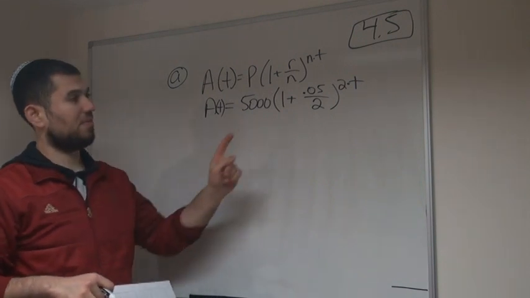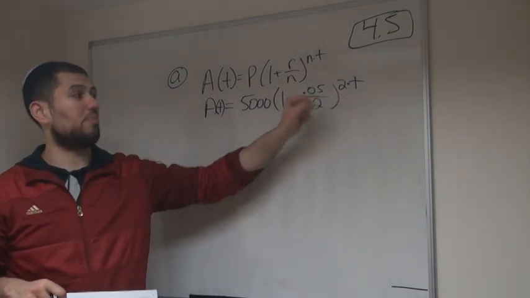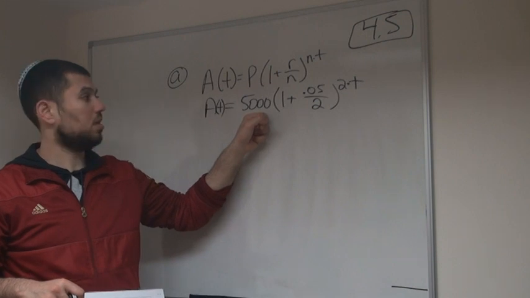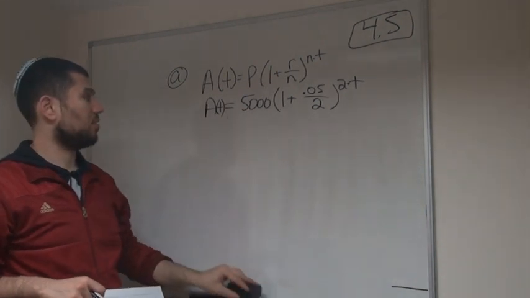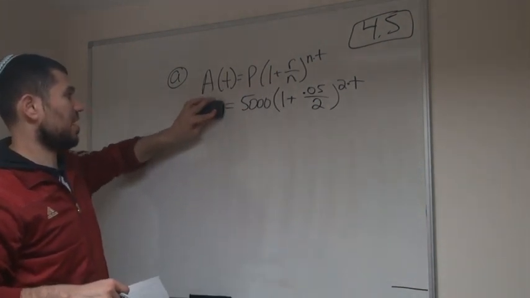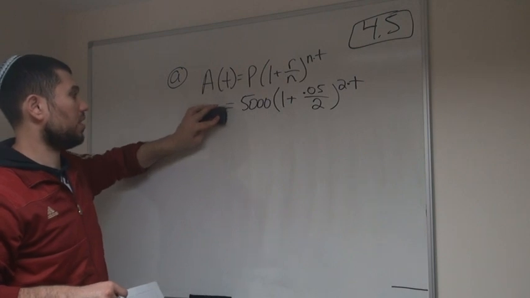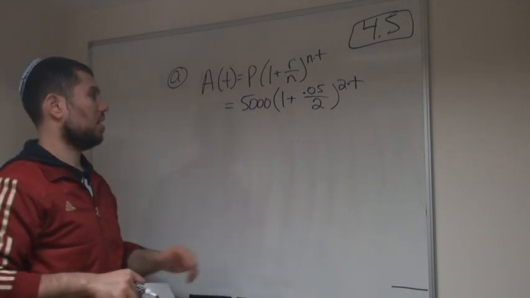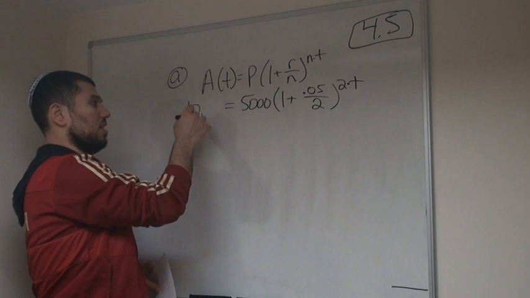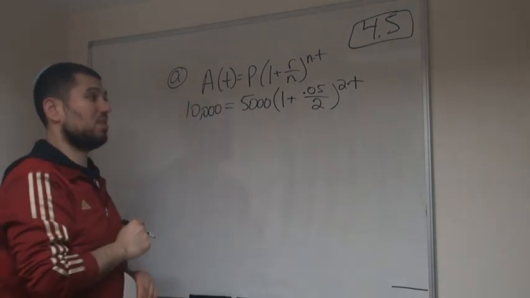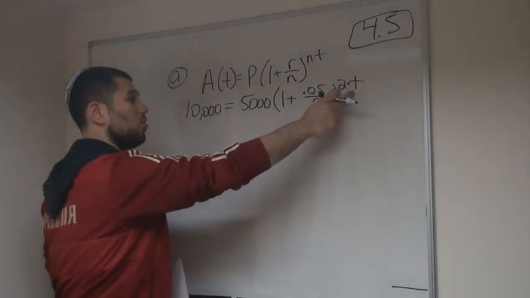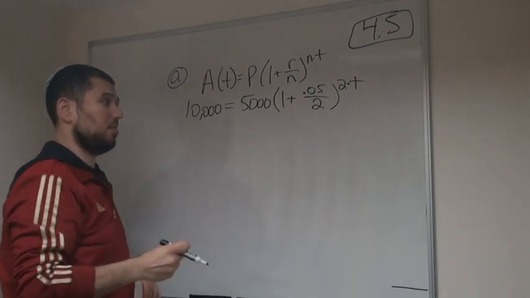But they're asking me to find the amount of time needed for my principal to double. That means they want my $5,000 to turn into $10,000. So I know what A should equal. I have A equal to $10,000. They didn't say it explicitly, but they asked, how long would it take for your principal to double?